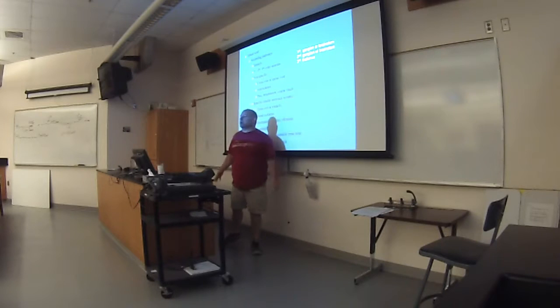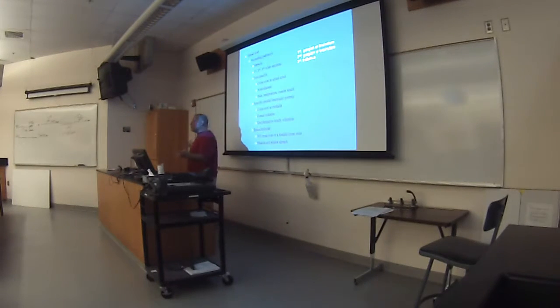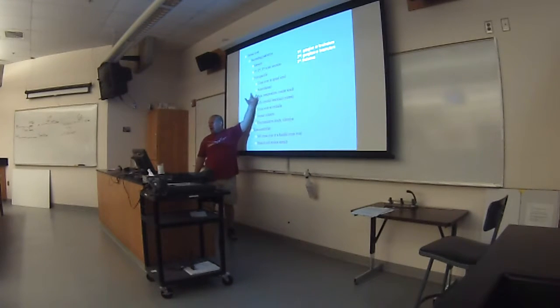What does coarse touch mean? Coarse touch means there's something on my arm, but I don't know where on my arm. I can't do an X marks the spot.